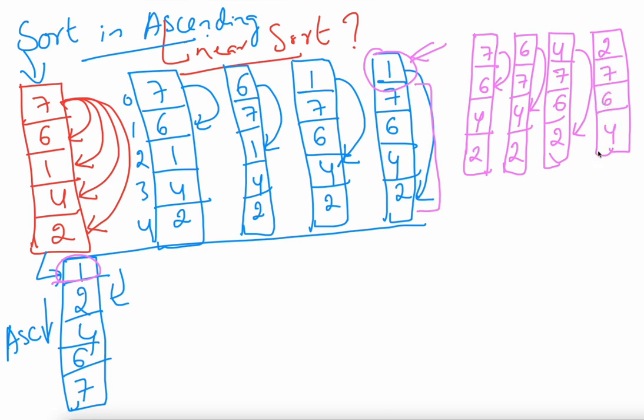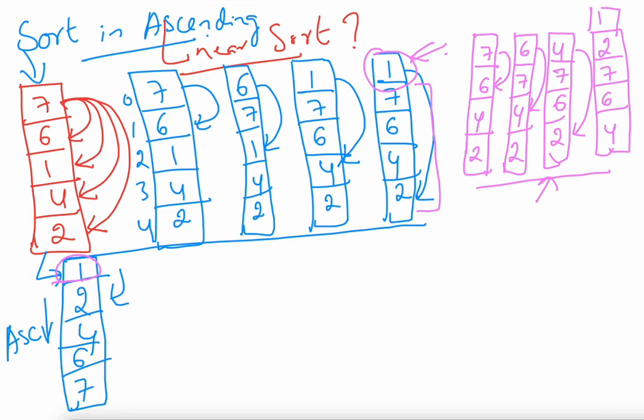This is nothing but the result of the second iteration. 1 is already sorted, so our array will look like this: 1, 2, 7, 6, 4.